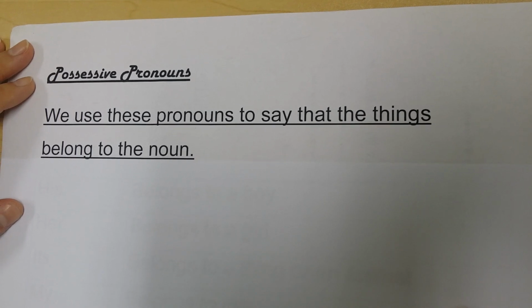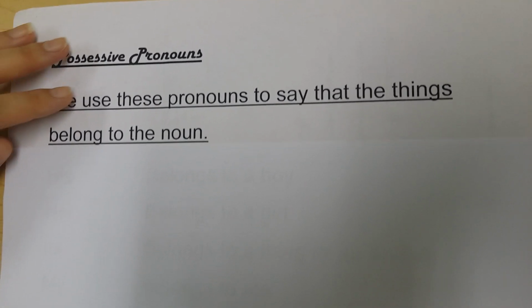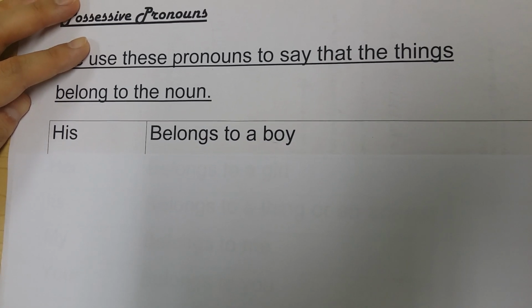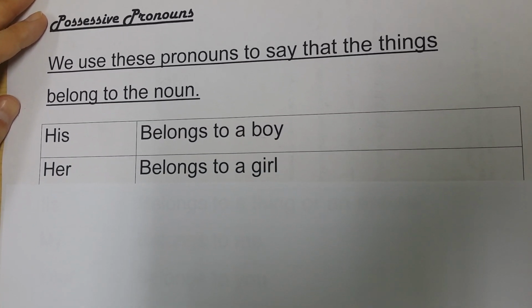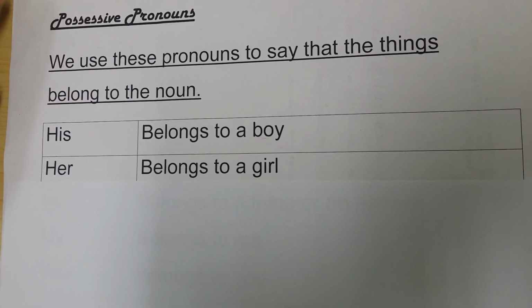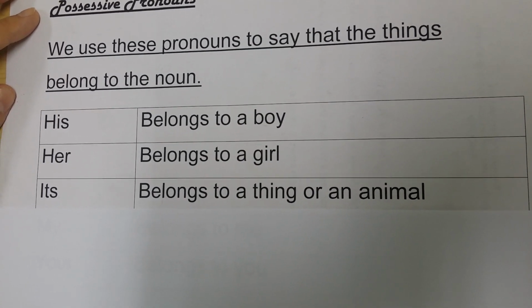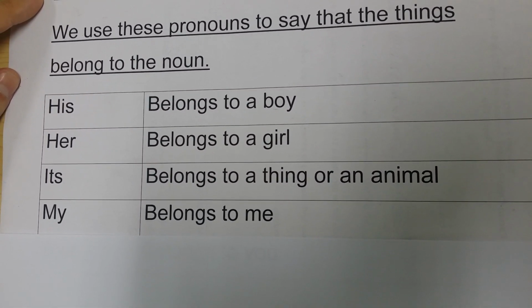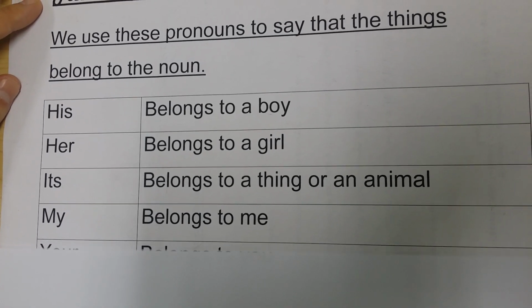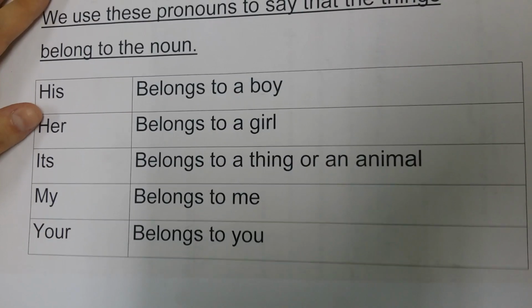So here are some possessive pronouns that you know, and once I show them, you will know what I'm talking about. So we use his to say that it belongs to a boy, her to say that it belongs to a girl, its to say that it belongs to a thing or an animal, my to say that it belongs to me, your to say that it belongs to you.